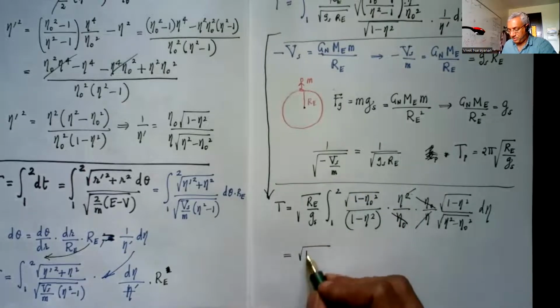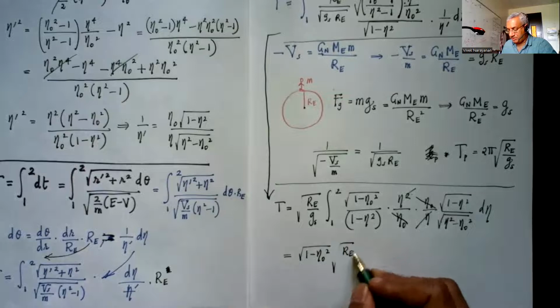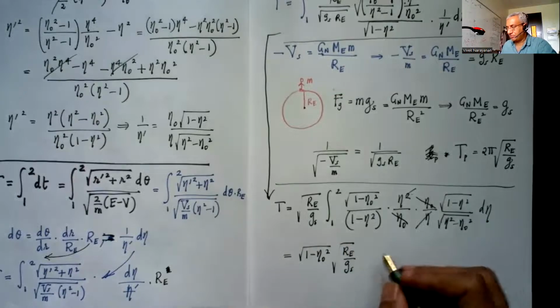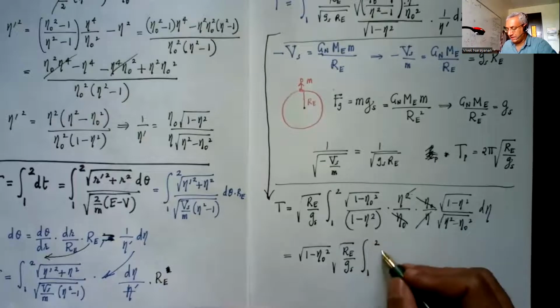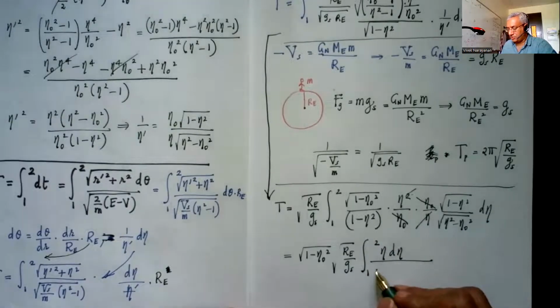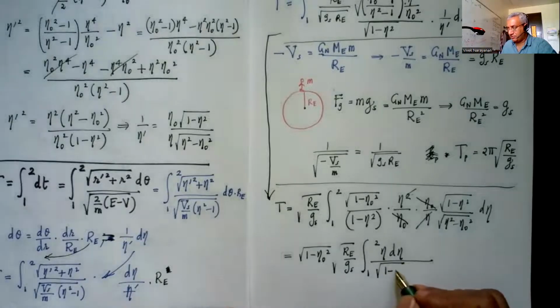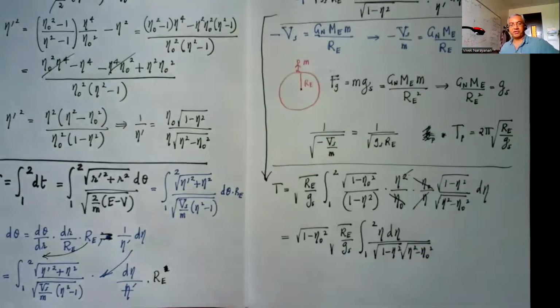So that's just 1 minus eta naught squared times square root of r sub e over g sub s times the integral from 1 to 2 eta d eta over root 1 minus eta squared root eta squared minus eta naught squared. Beautiful. This integral is actually pretty elementary.